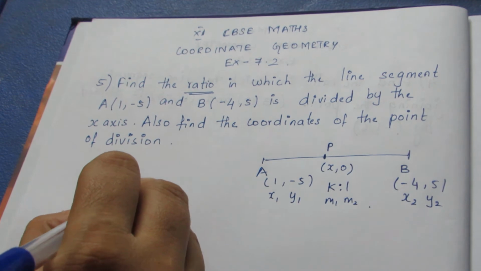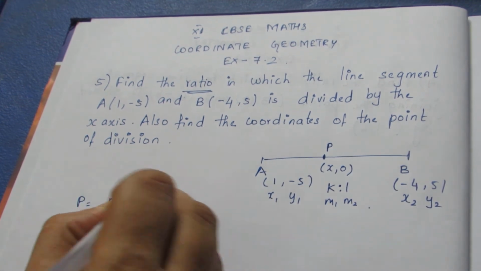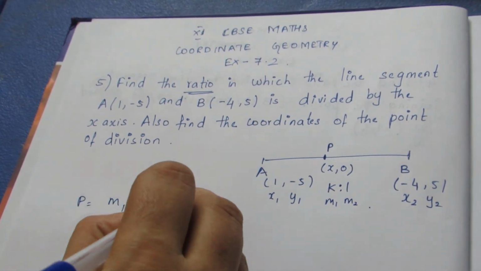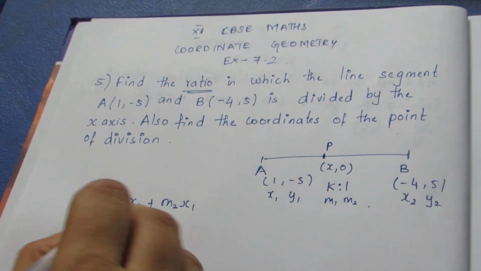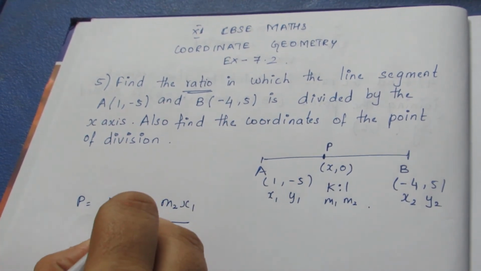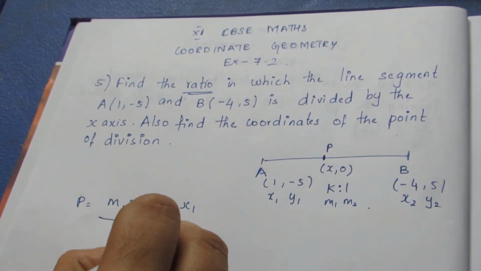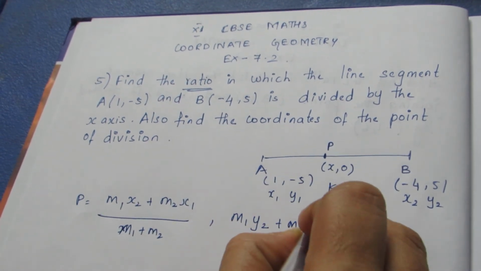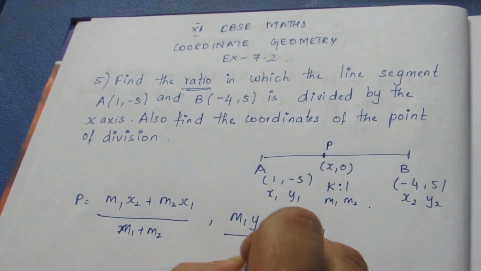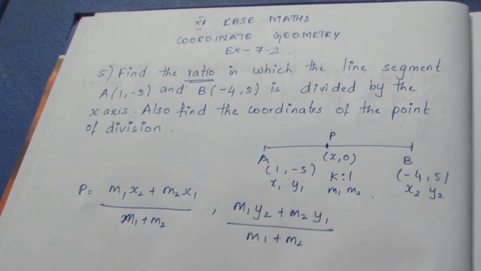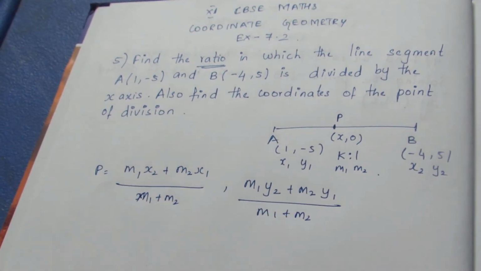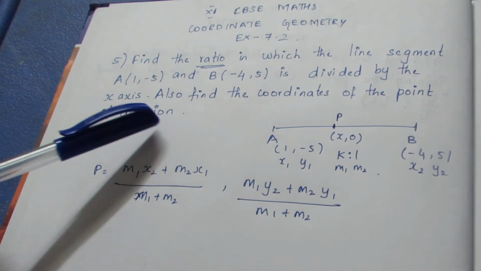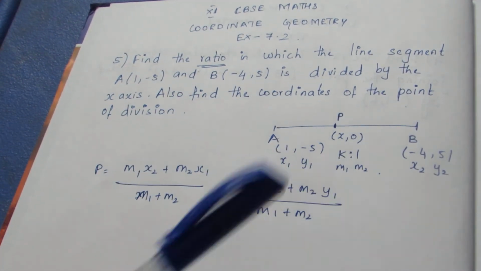Now substitute the formula. Write the formula first: (m1 x2 plus m2 x1) by (m1 plus m2), comma, same way (m1 y2 plus m2 y1) by (m1 plus m2). Just substitute the values. We need to find the ratio as well as the point of intersection, that is the coordinates.